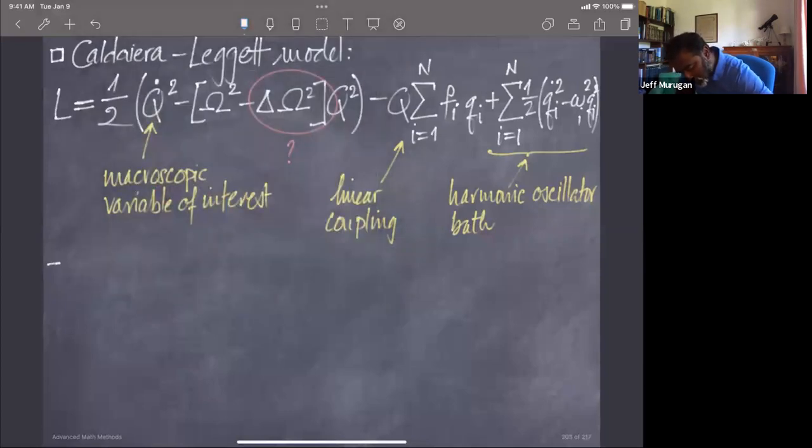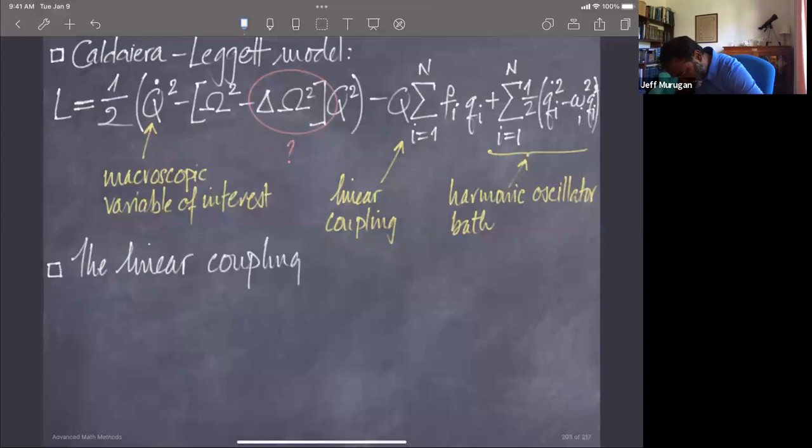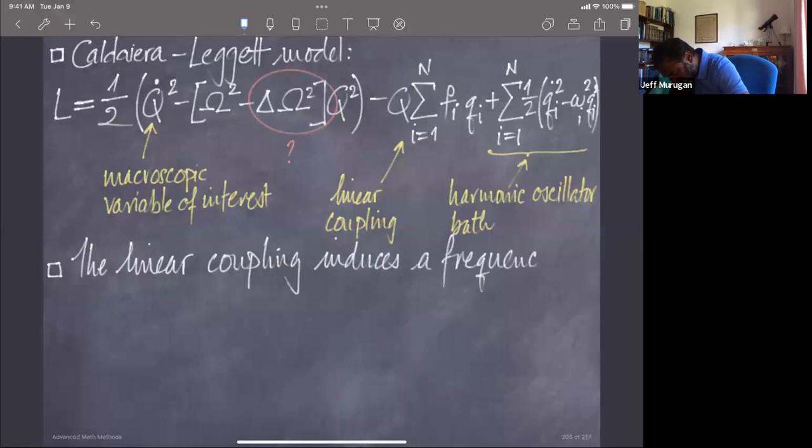So the linear coupling induces a frequency shift. By which I mean the following.